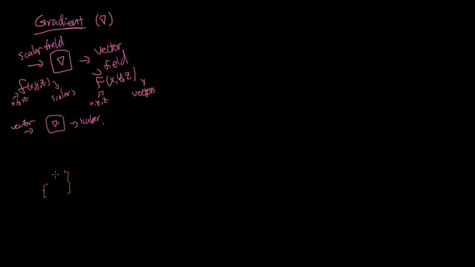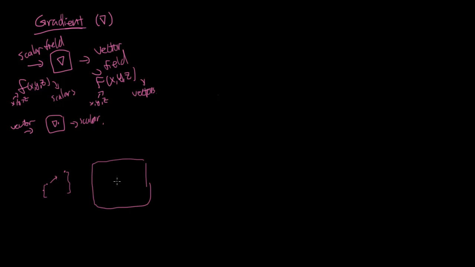Then the gradient will calculate the slope for each of these locations. So let's start out with an intuitive understanding. A scalar field would look a little bit like a topographical map.